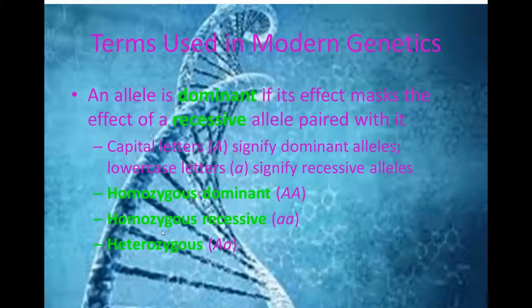And then you have homozygous recessive where they're the same but they're lowercase. And then you have heterozygous, which because you have this one dominant, it's going to overshadow or outrule the lowercase a. So it's going to be dominant.